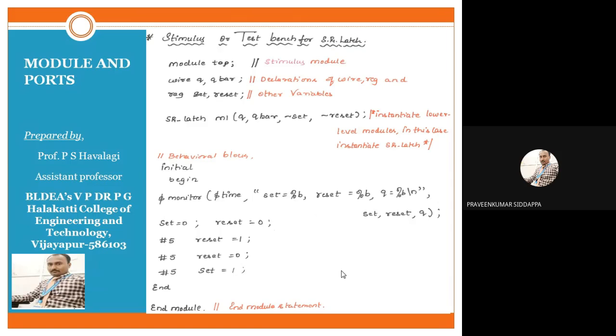Okay. So after that, in your truth table, the second combination is 0, 1. I already applied set equals 0 first, or otherwise if you require, write it one more time, no problem.